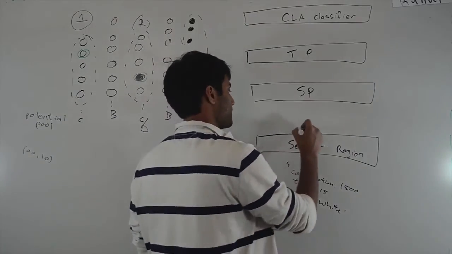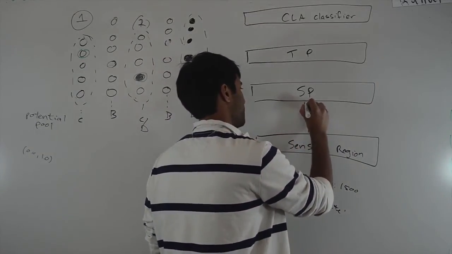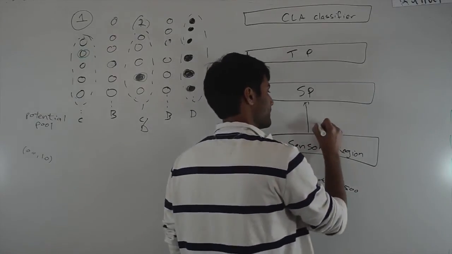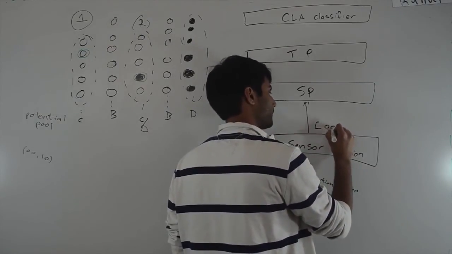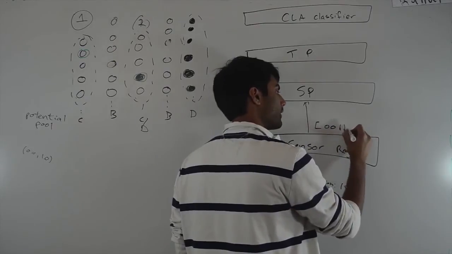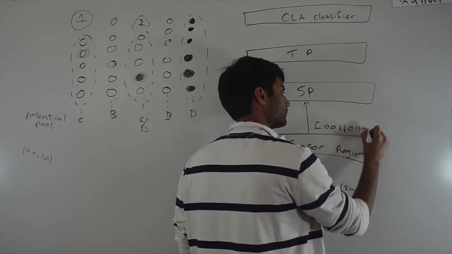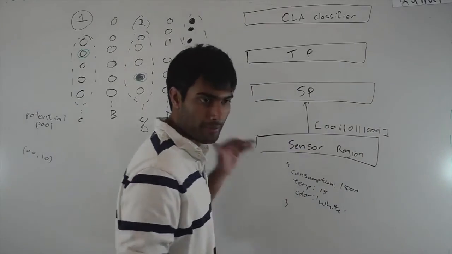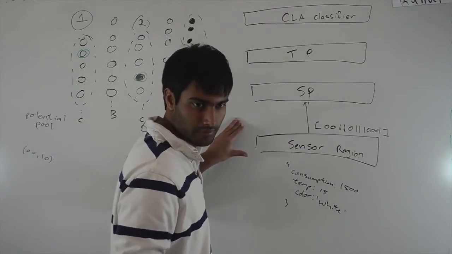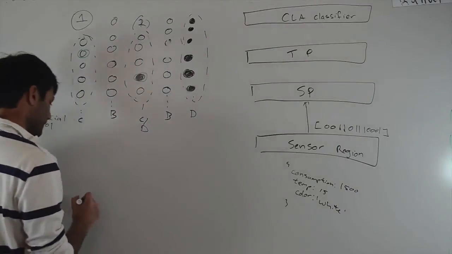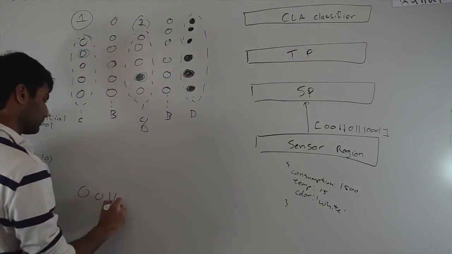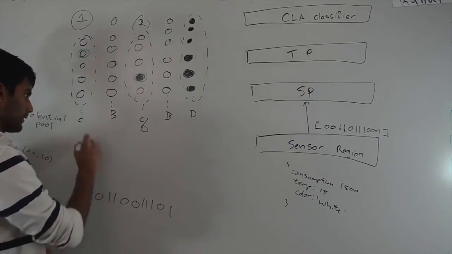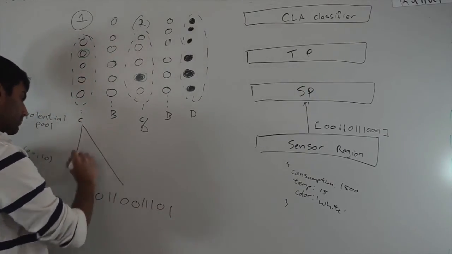Now what comes out of this sensor region, and I'll explain this near the end, is this binary vector that represents this input somehow. That's what I was drawing down here. It's this that is connected to our columns.